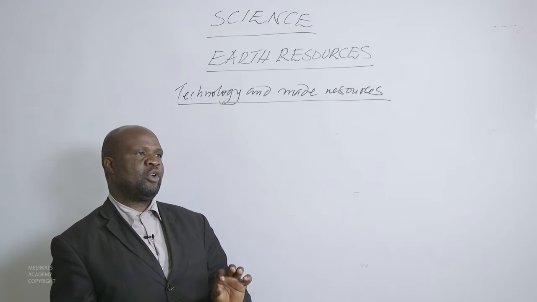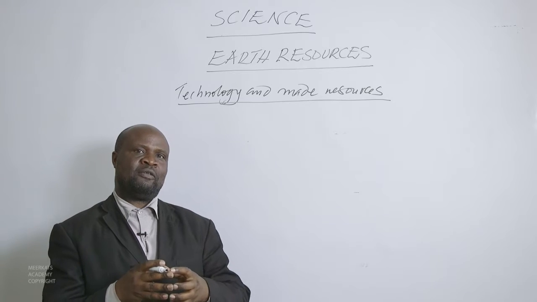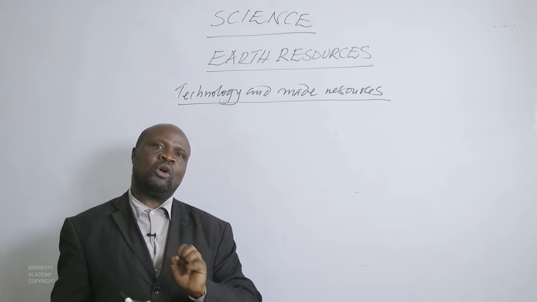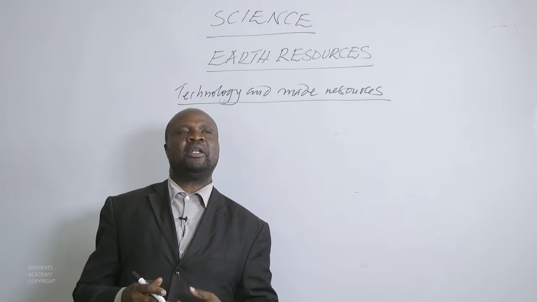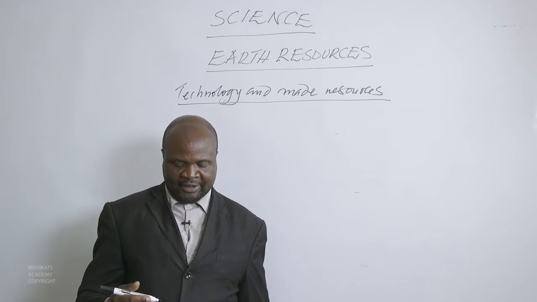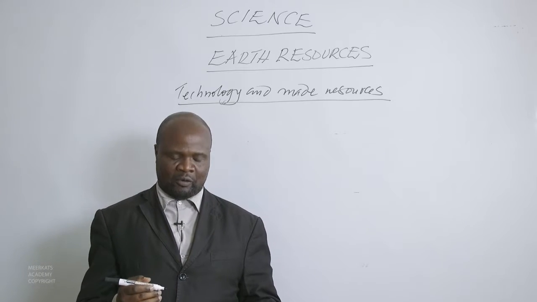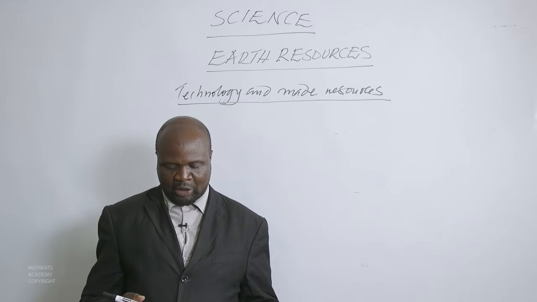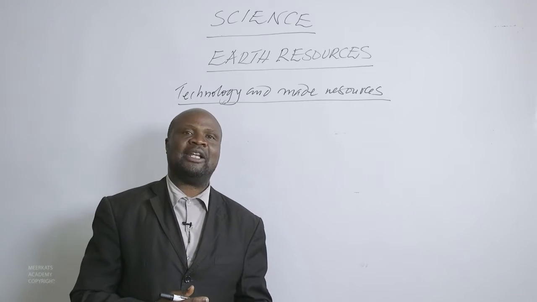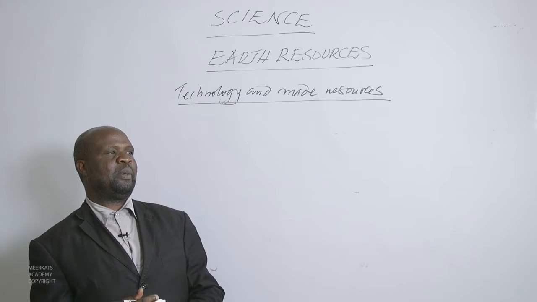When we talk of technology, we even come to the field of animals, plants, breeding, and so forth. We can see technology coming in and bringing in new breeds. The increasing understanding of genetics has led to better breeds of plants and animals.